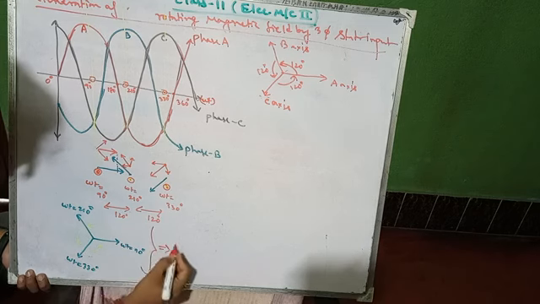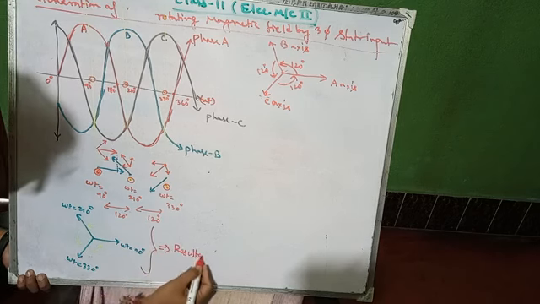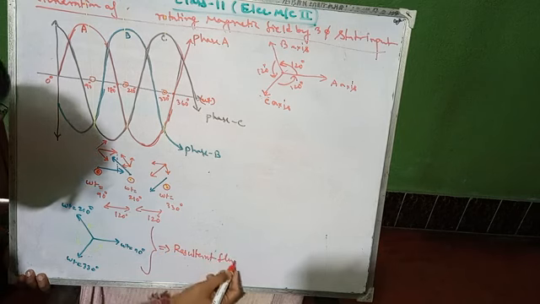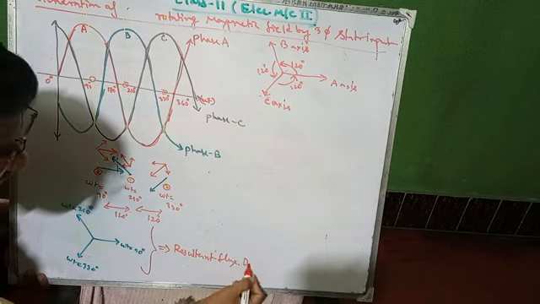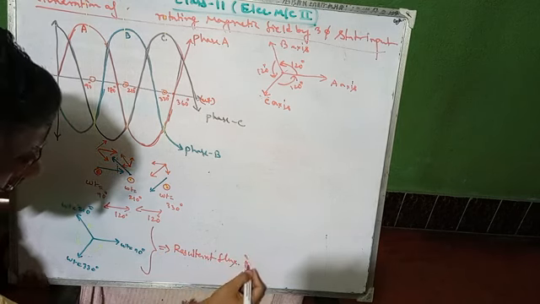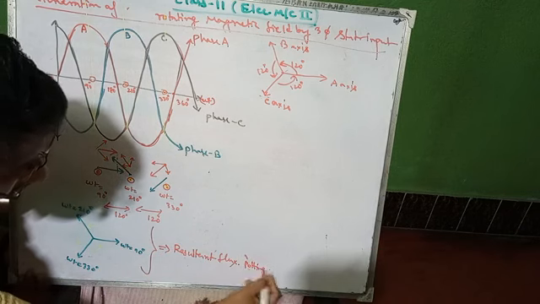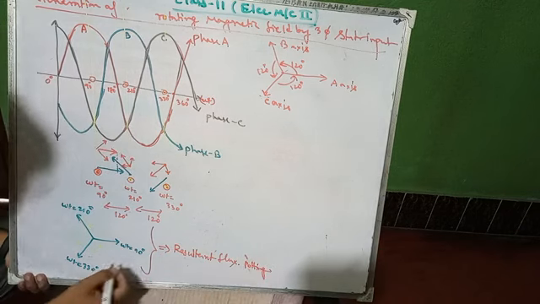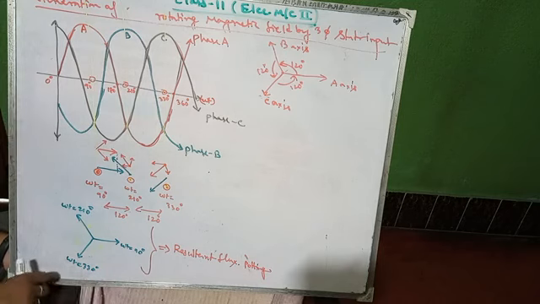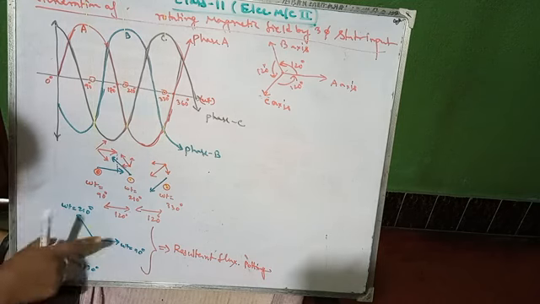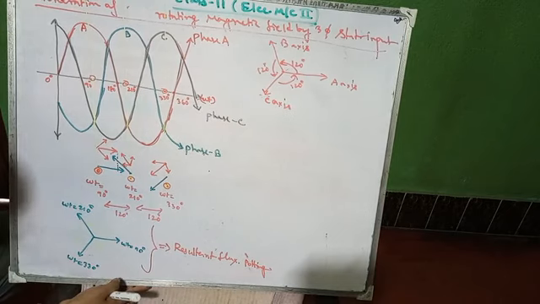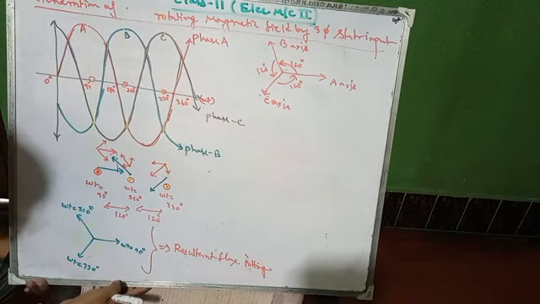This is the resultant flux direction, or resultant flux plotting. Okay, so right here we take 3 points only, which show that the field is rotating.